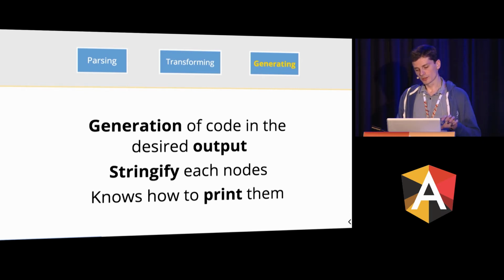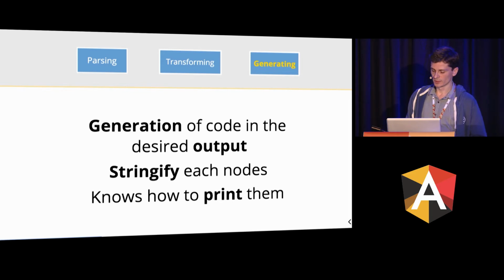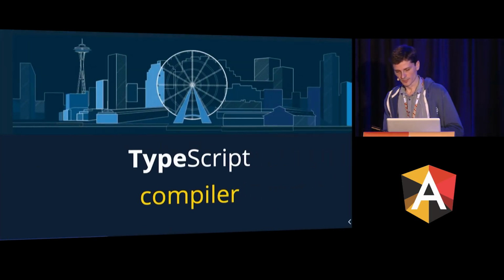The generator will just stringify your nodes, and it knows how to print them. You will see that later in a TypeScript example. So with these 3 parts, TypeScript will enhance the second one, and you will see that in detail now.